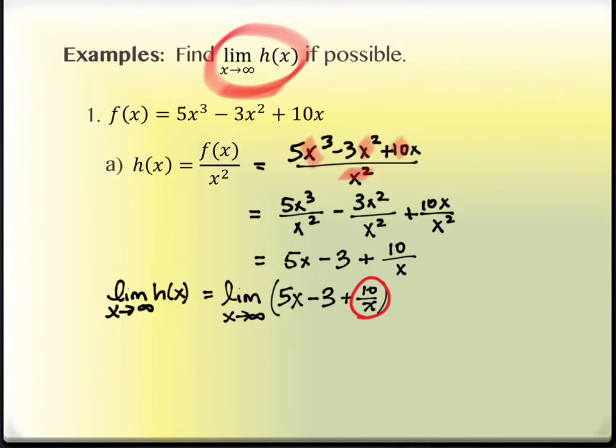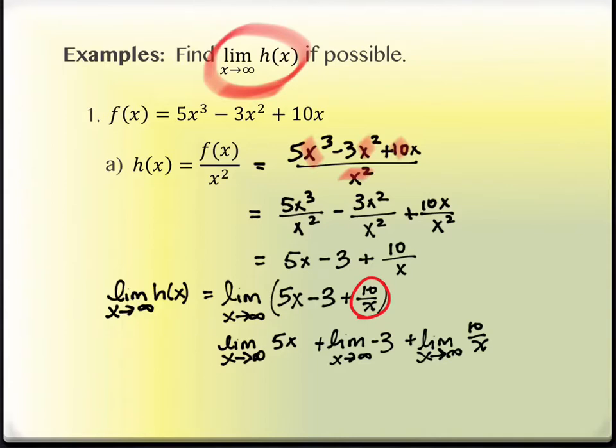So while you don't necessarily need to write it on each one of these, what this is really saying is that we're going to do the limit as x approaches infinity of 5x plus the limit as x approaches infinity of negative 3 plus the limit as x approaches infinity of 10 over x. Okay, so I don't need you to write this out for me every time. We've already done this before. But that's what's really happening.